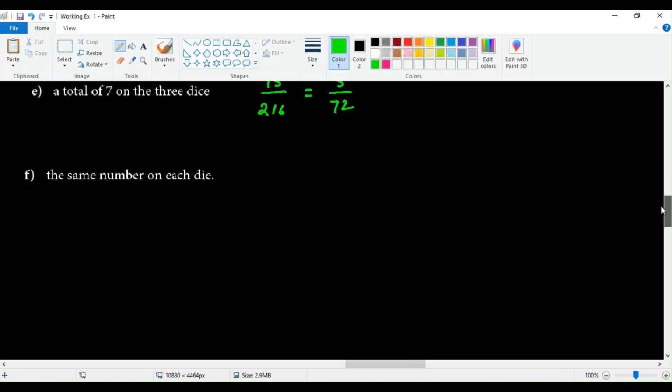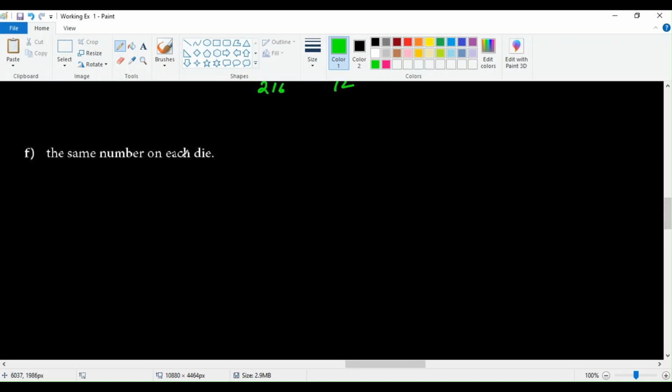Now comes the last part of this question. It says same number on each die. That means there are 6 possibilities to have 1, 1, 1, 2, 2, 2, 3, 3, 3, 4, 4, 4, 5, 5, 5, and the last one is going to be 6, 6, and 6.